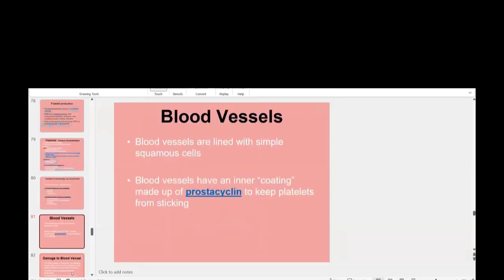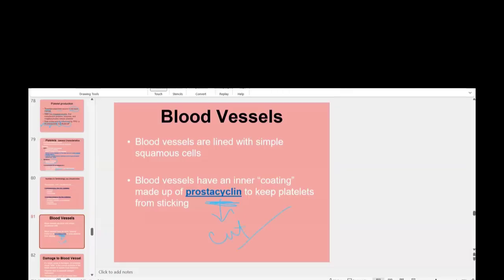Blood vessels. Blood vessels are lined with simple squamous cells, and they have an inner coating, that is prostacyclin, to keep platelets from sticking. So prostacyclin, you need to know this, okay? Why? Because, you know, everything has a good side and a bad side. The good side is that, suppose there is a cut.